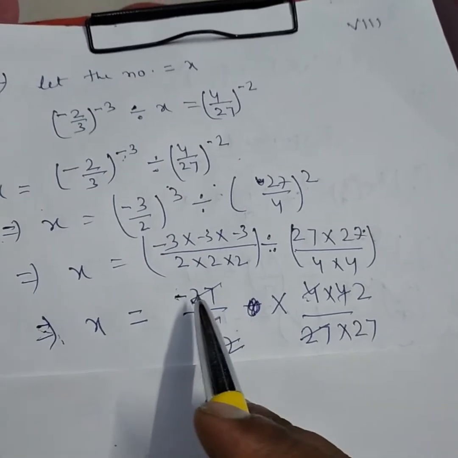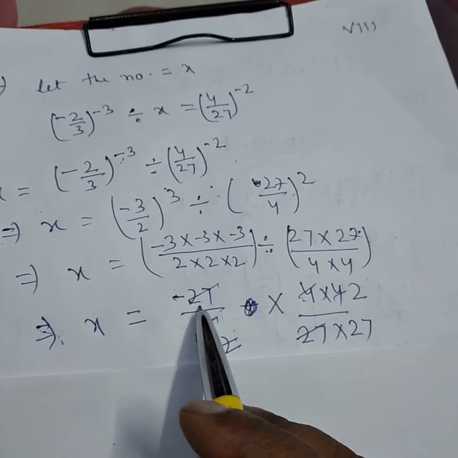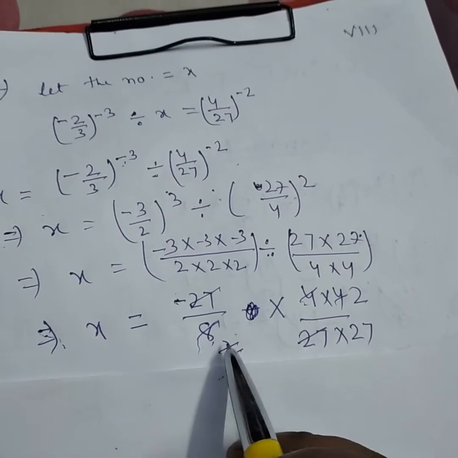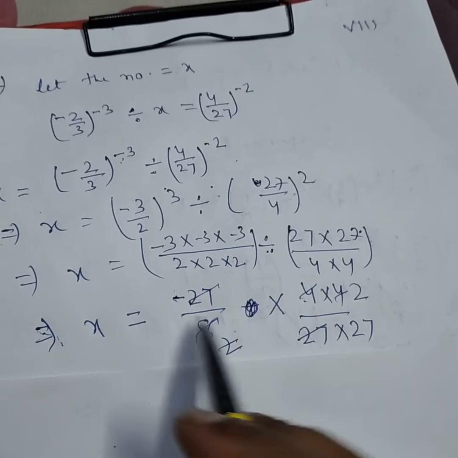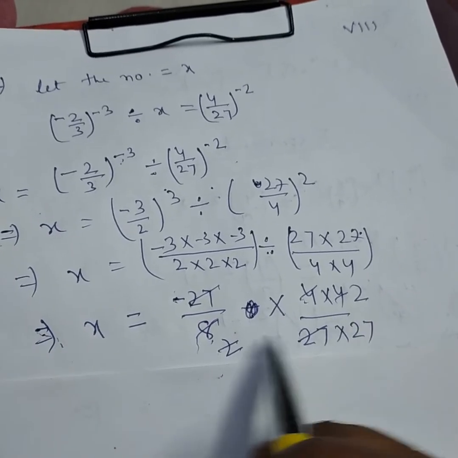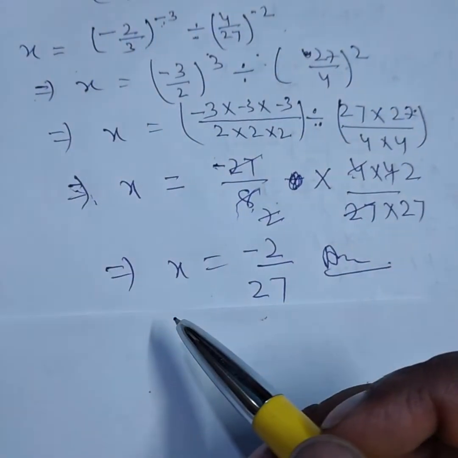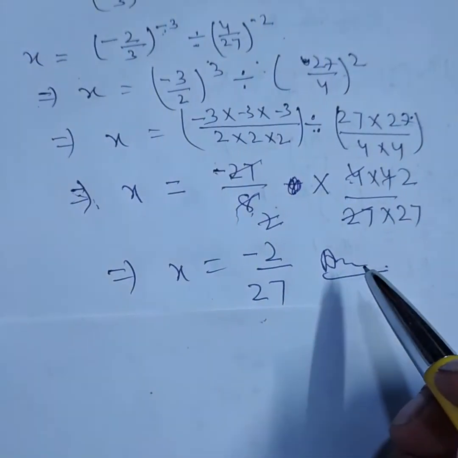Now x equal to 3 threes are 9, 3 nines are 27, upon 8. 27 and 27 cancel, and 4 and 2, 2 will become 2. Now in the numerator it is 2, but there is no factor in the denominator. Then x equal to minus 2 upon 27, answer.